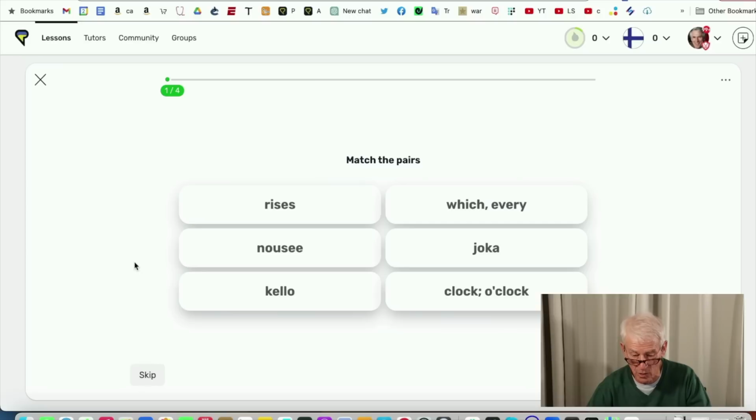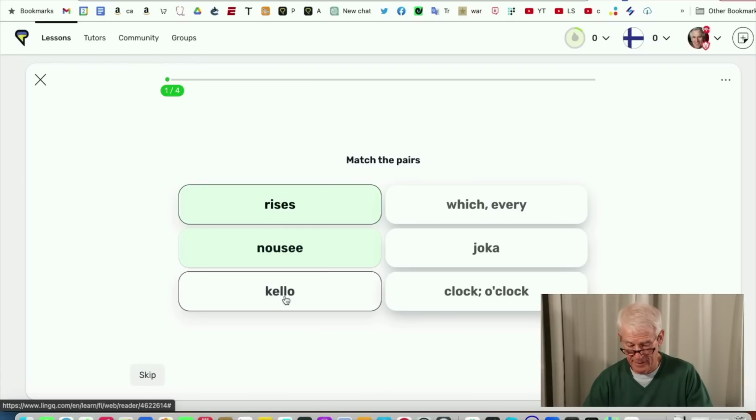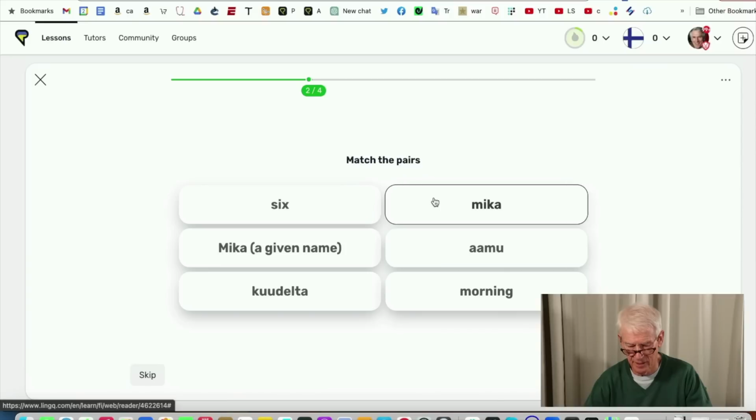Okay, so now I've got to try to remember. Nousee, rises. Okay. Now kello, clock, I think. Yeah. Joka, whichever. All right, I got that right.